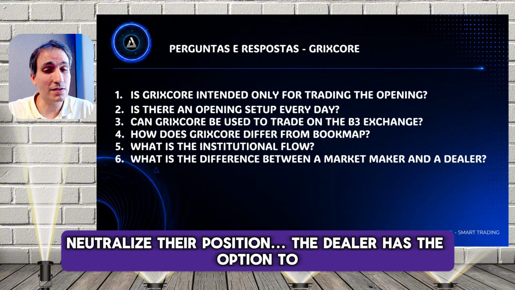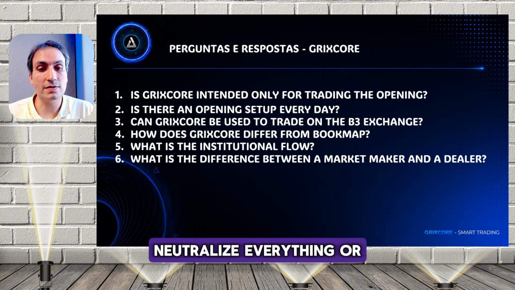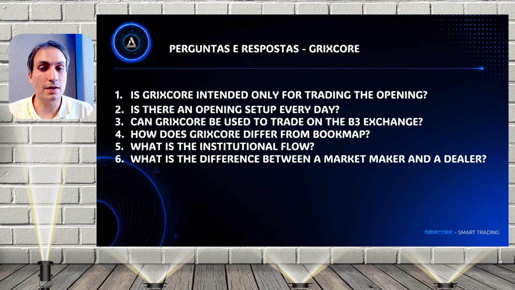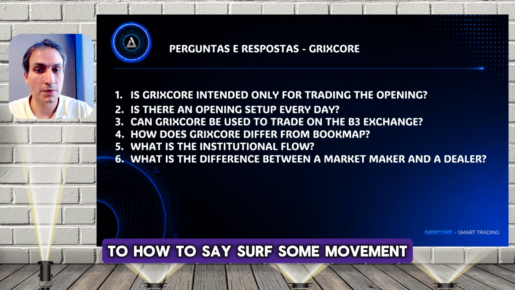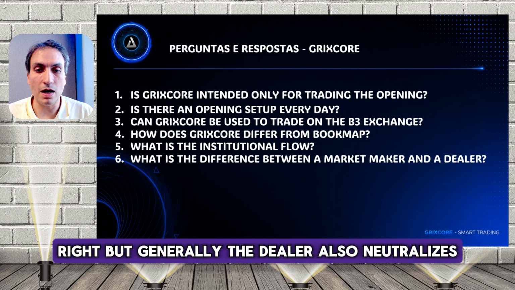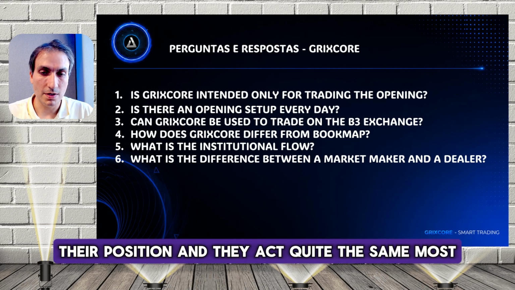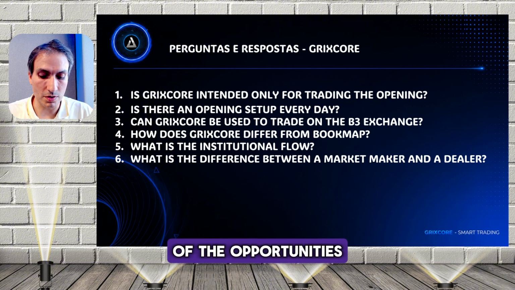The dealer has the option to not neutralize everything, or to, how to say, surf some movement in a certain direction, right? But generally the dealer also neutralizes their position, and they act quite the same most of the time, right?